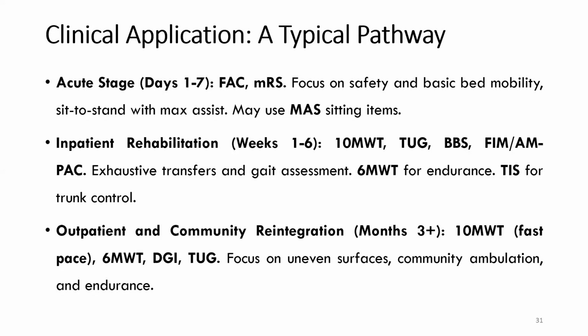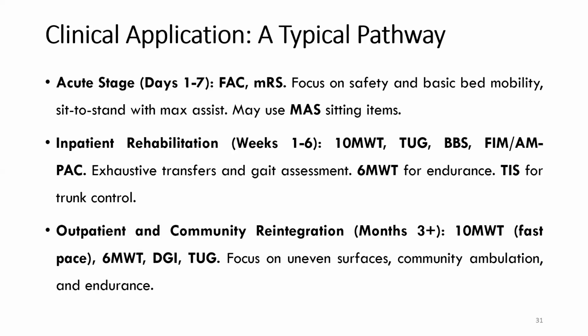In the outpatient and then the community integration stage, this is talking about the period when the patient begins to go back to work or begins to go back into his other business activities. So at this stage, you need the 10-meter walk test. In this part, you need the fast component and not the comfortable component of the patient. You need other tools like the 6-minute walk test, the Dynamic Gait Index, and then the Timed Up and Go, or your own assessment.